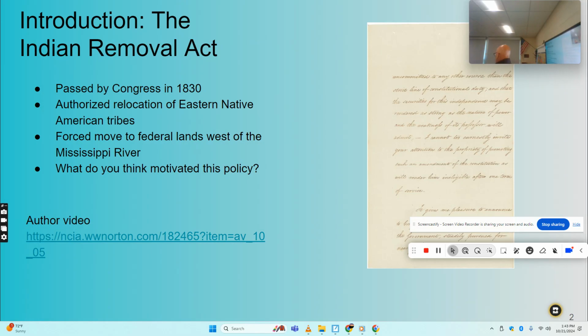This movement is painted by the government as a way for Native Americans to have their own territory apart from American settlers, apart from people who are looking to settle on this land.